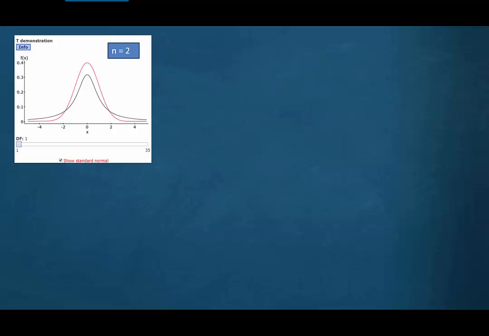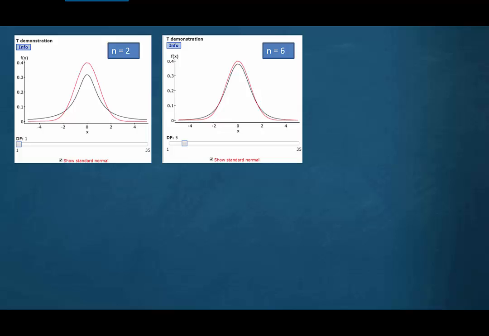Notice this t-distribution. I'm going to simulate this in StatCrunch, and I'll provide the applet here within this module for you to be able to play with. This is the t-distribution, which is the black distribution, and the red distribution is the normal distribution superimposed. So we have n equals 2. We can see that it's similar in its shape, but there are some differences.